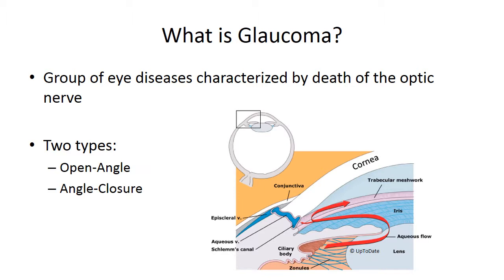Acute angle closure is an ophthalmic emergency, and patients will be recognized by severely elevated intraocular pressures, a hard and excruciatingly painful eye, redness of the eye, and halos in their vision that come from corneal edema, or thickening. For the purposes of today's video, we will be focusing on primary open-angle glaucoma, which is far more common in the United States.